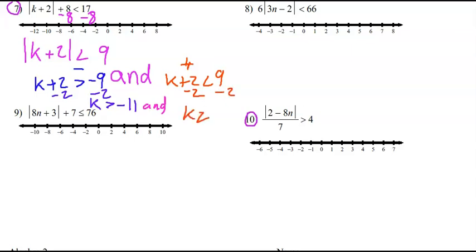K is less than 7. So we're going to go ahead and graph these two with holes. So I have negative 11 and we have positive 7. It has and, so we're going to shade in between.